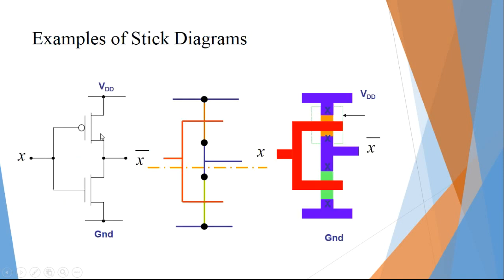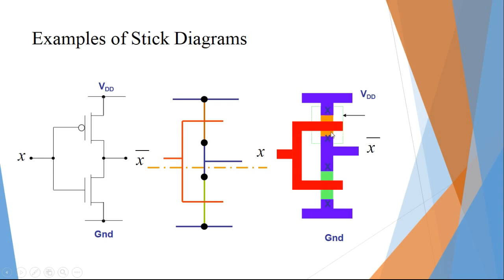So in the similar way, when you have created a stick diagram, then you can create a layout using that stick diagram. As you can see, we have also drawn a separation line which will separate the diffusion area of NMOS and PMOS, right? And here we are having the inverter layout, right?